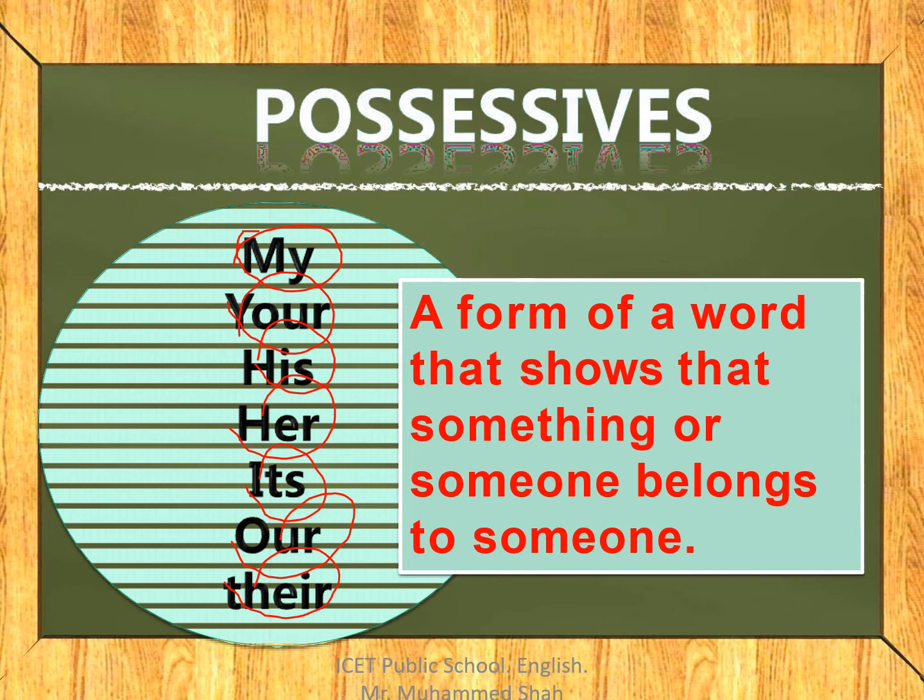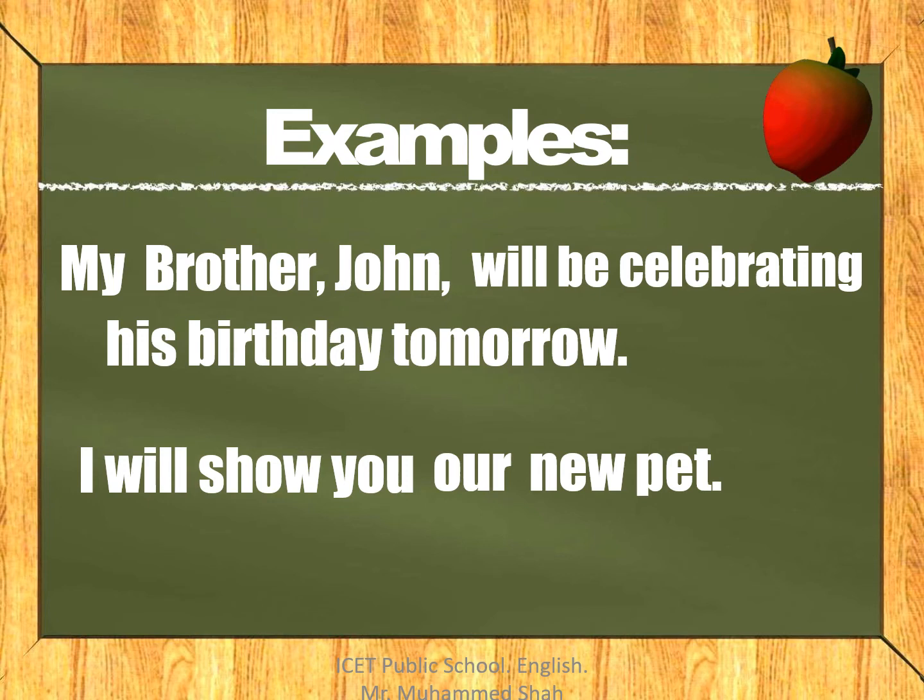Example: my brother John will be celebrating his birthday tomorrow. Here the word my is a determiner. It belongs to the possessive class. So my and his are both possessives.